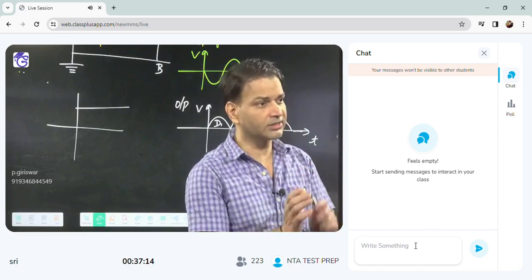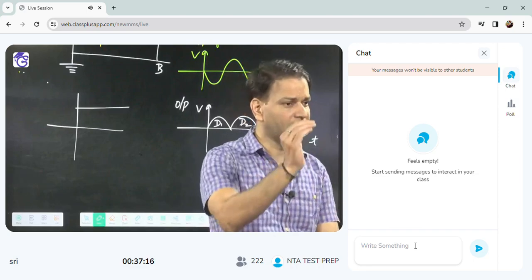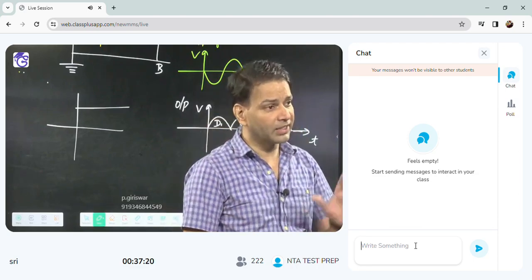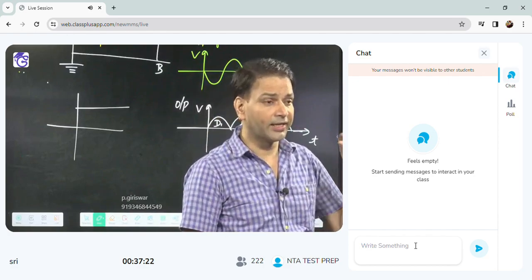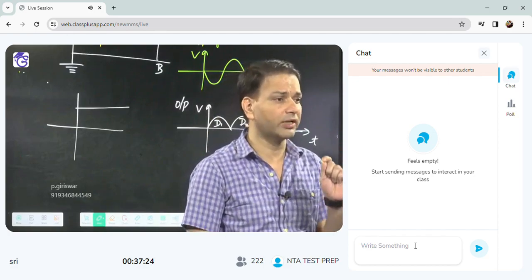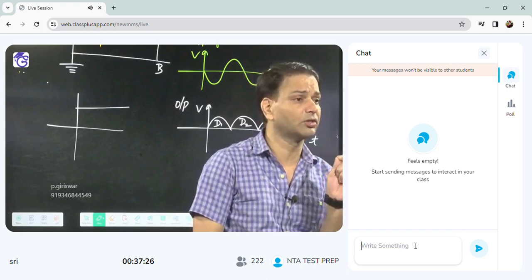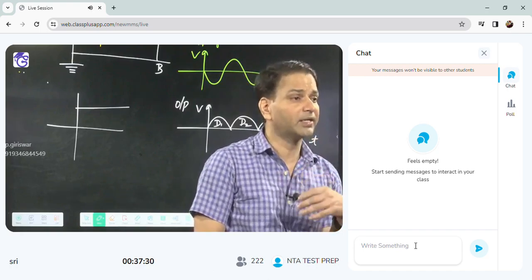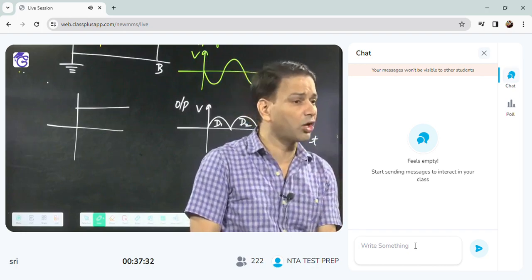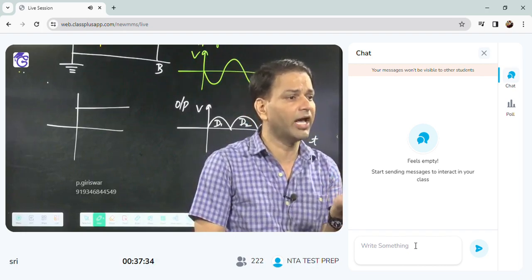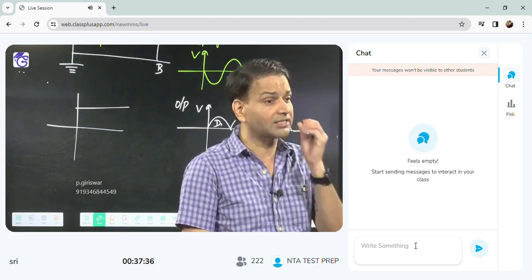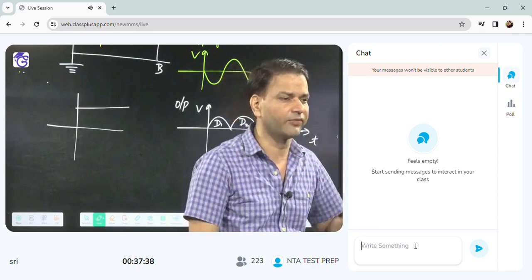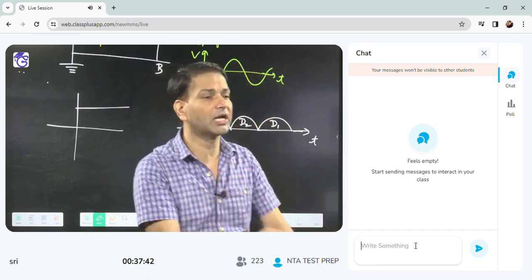Second thing, in the reverse bias, D1 is in the forward, so I am getting the current due to D1 from A to B. But D2 will be in reverse bias, and in reverse bias current will not be zero, because the diode we consider in numericals is ideal, but practically a diode is not ideal. So in the reverse bias it will have some current. So we will get some AC component also in this rectifier, and that AC component is called ripples.